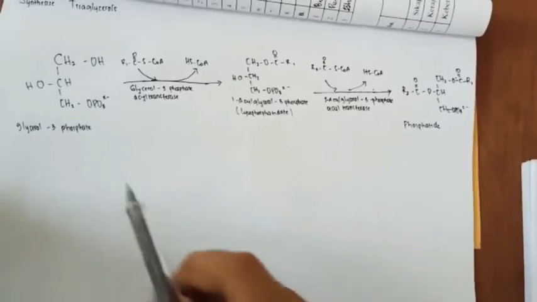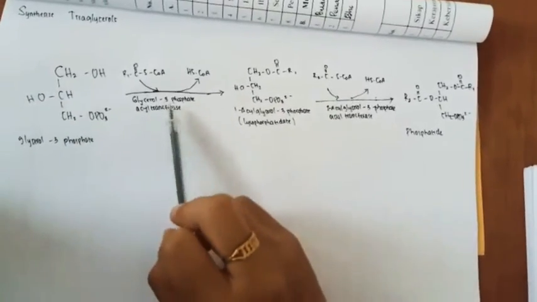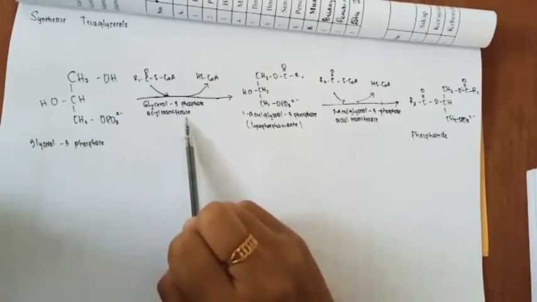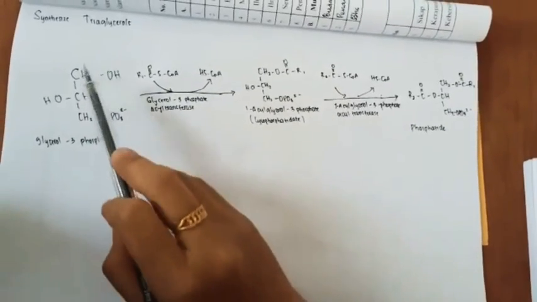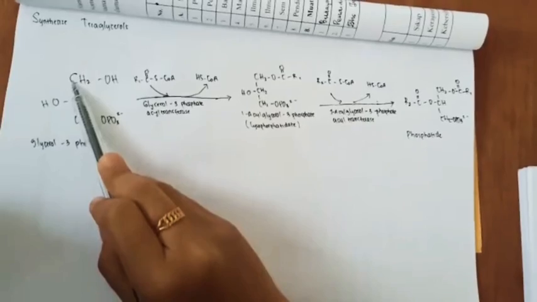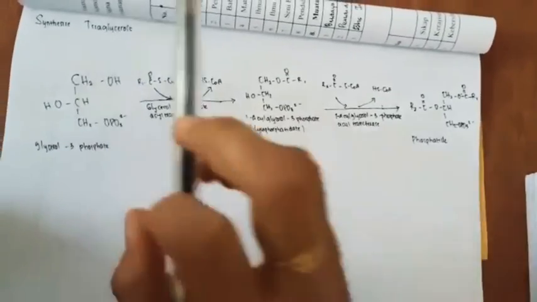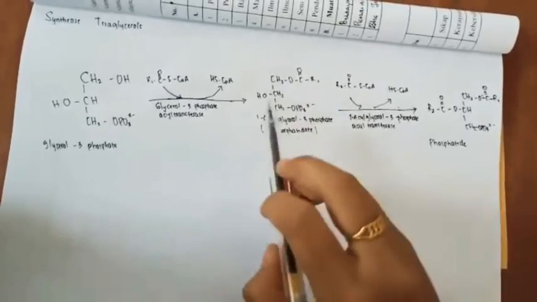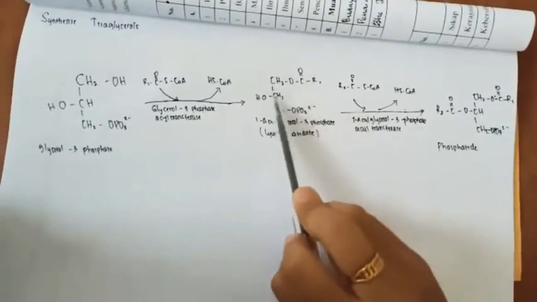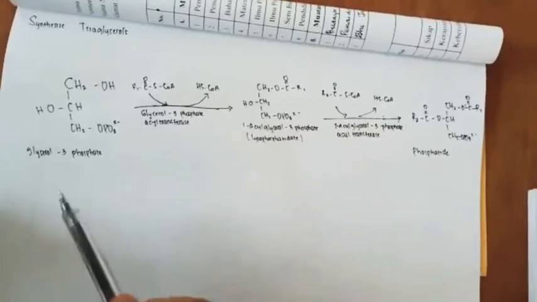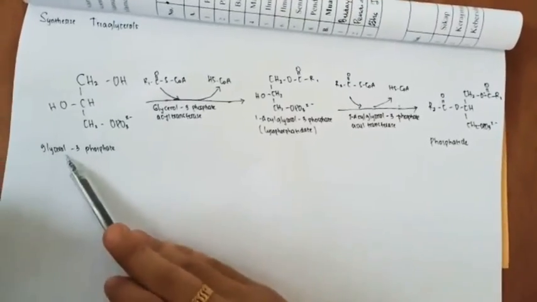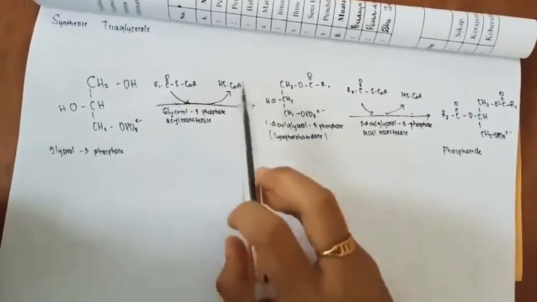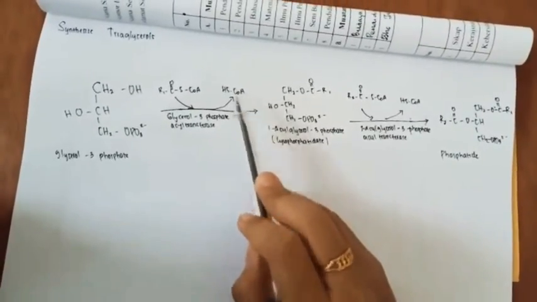The first enzyme is glycerol 3-phosphate acyltransferase, which catalyzes esterification at C number 1 to produce 1-acyl glycerol 3-phosphate, like this reaction. From glycerol 3-phosphate it becomes 1-acyl glycerol 3-phosphate and produces HSCoA.